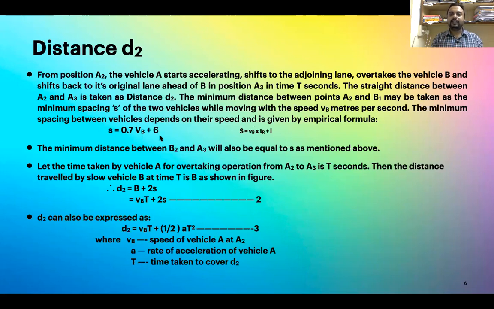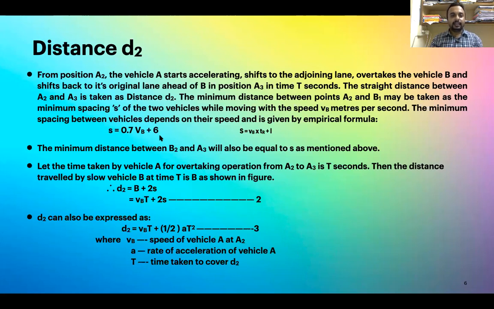If the speed is very, very less, 0 kilometer per hour, then the spacing between the two vehicles will be approximately 6 meters. The more the speed of the vehicles, the more the driver will have the tendency to keep them apart from each other. As the speed decreases, the vehicles move closer to each other. If it is 0, a minimum of 6 meters distance exists between two vehicles. Okay.